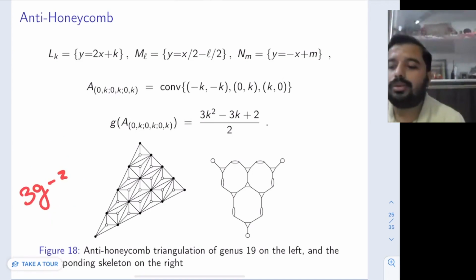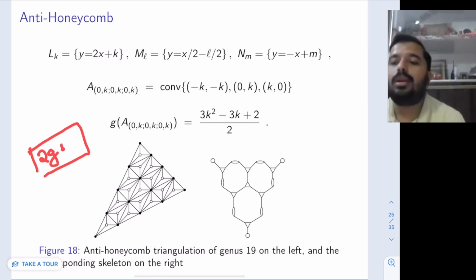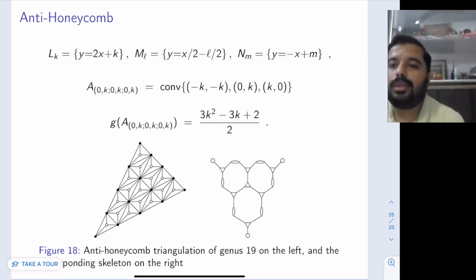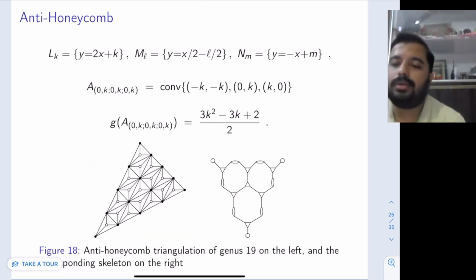You had choices of 3g minus 3 random lengths, but you only get 2g plus 1. These are supported on honeycomb triangulations. The graphs which actually have dimension 2g plus 1 are the ones obtained via honeycomb triangulations. The graphs that occur in the anti-honeycomb case have much less dimension, not the lowest possible, but much less. Hence the name anti-honeycomb.